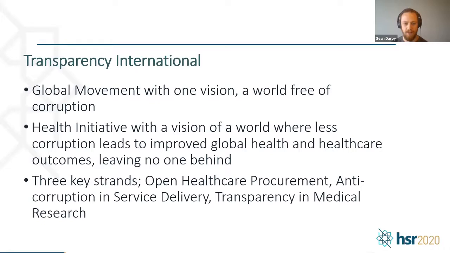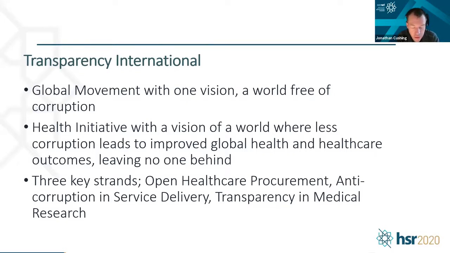John, do you want to give an introduction to Transparency International? Sure. Thanks, John. For those of you who don't know, Transparency International is a global movement that has the vision of a world free of corruption. We work in about 100 countries worldwide through a chapter network.